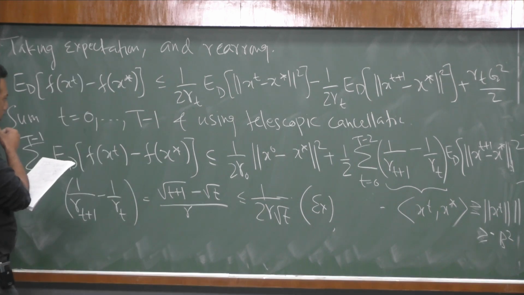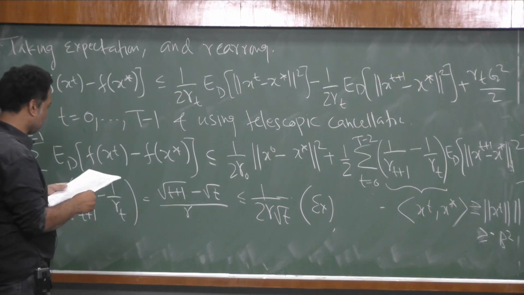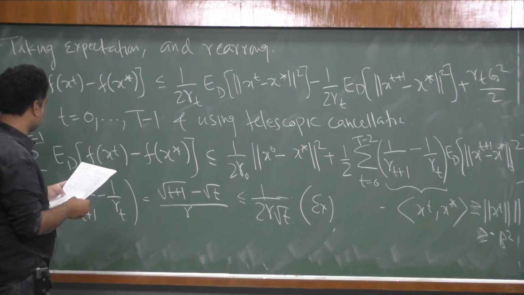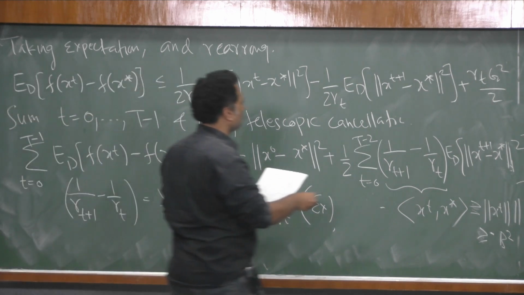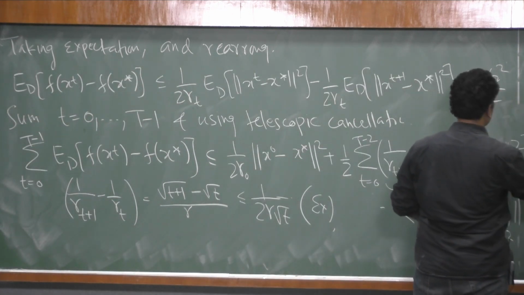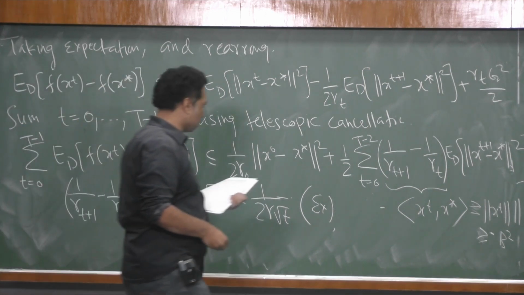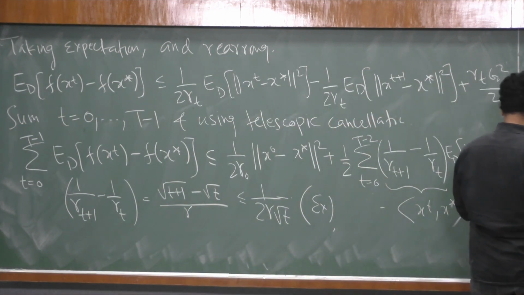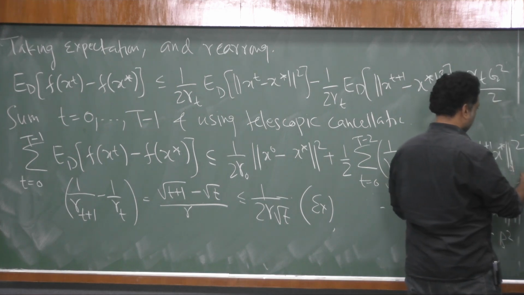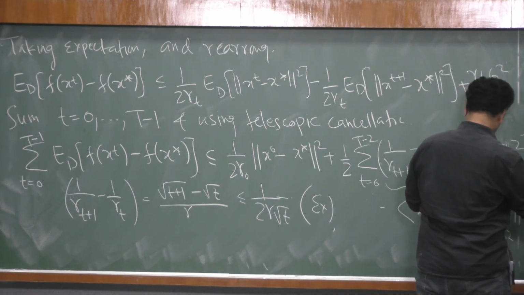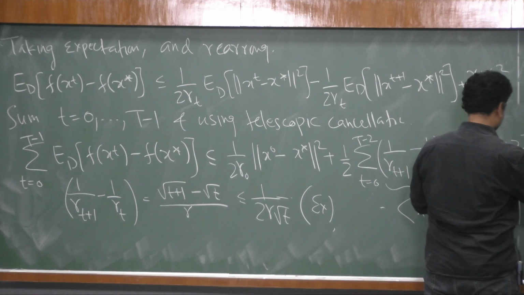So 4b squared is that term, 4b squared by 2 gamma, that's fine. And then there was this last term that we missed, which is gamma t g squared by 2, and this term was also summed, right? So this was the sum of gamma t, for all the terms were summed up, so t equals 0 to T minus 1.